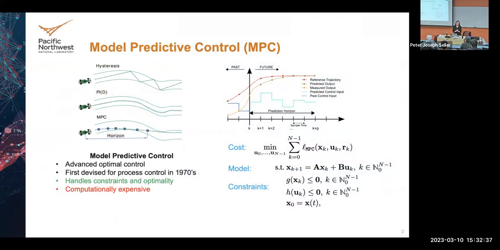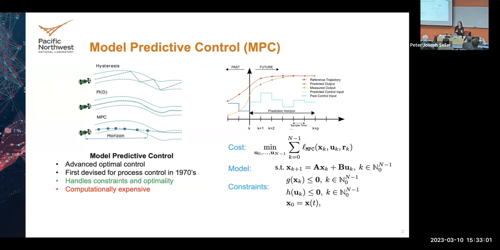So my talk is going to be based on a basic understanding of model predictive control. For those in the room or online who do not know what model predictive control is, I have this introductory slide, which basically tells us that model predictive control is a control methodology that makes use of models and optimization tools.